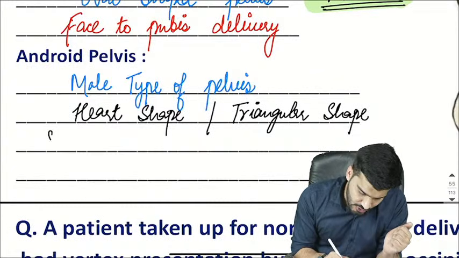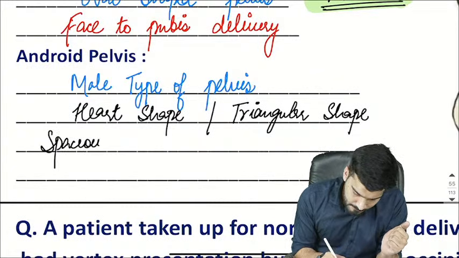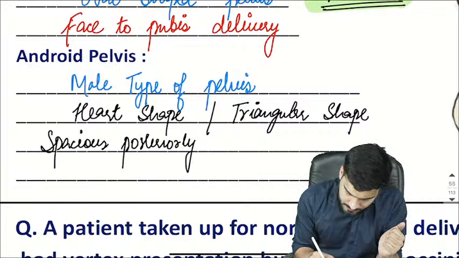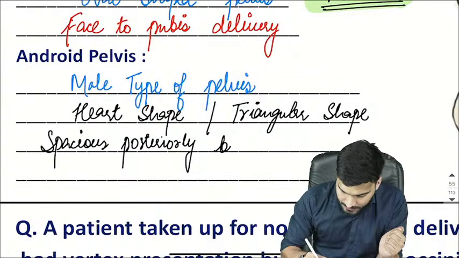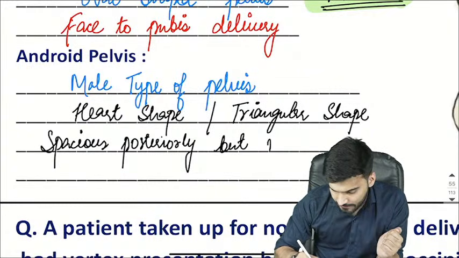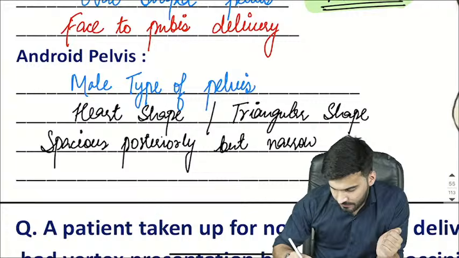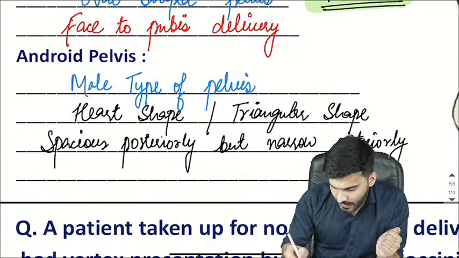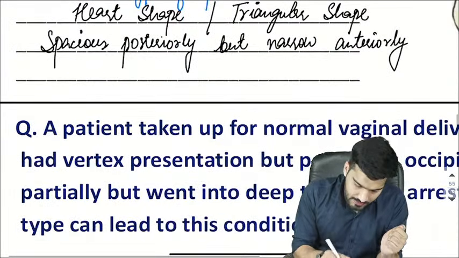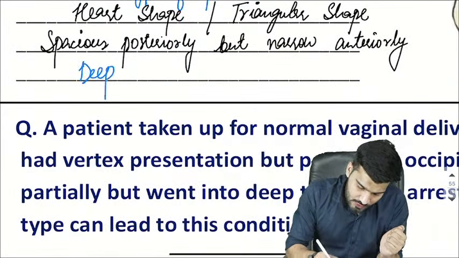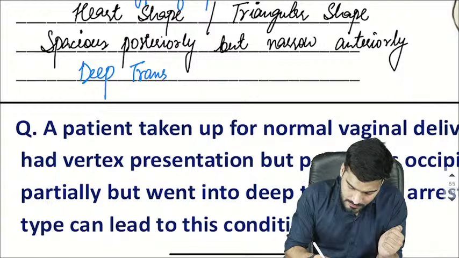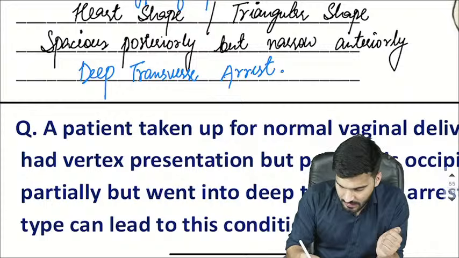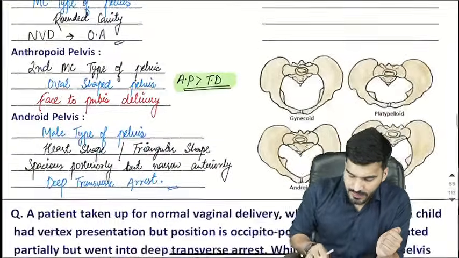It is spacious posteriorly but narrow anteriorly, and deep transverse arrest is seen with this type of pelvis.